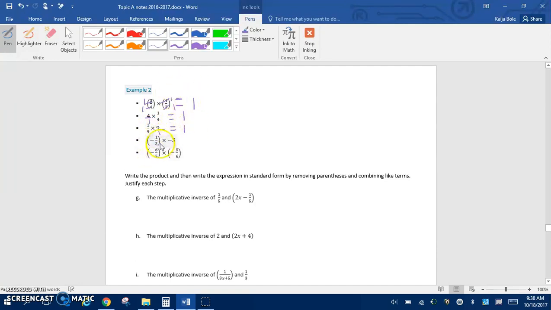Negative 1/3 times negative 3 would also give us just 1. And then negative 6/5 times negative 5/6 would also just give us 1 if we cross divide. Okay, so here you can see we are using the multiplicative inverse. We kind of talked about that when we talked about properties in the last unit.